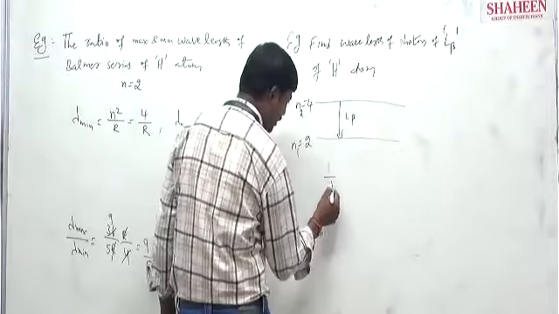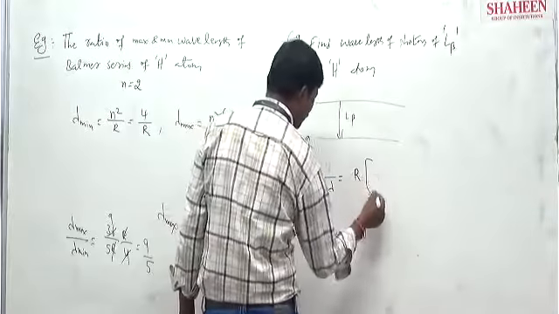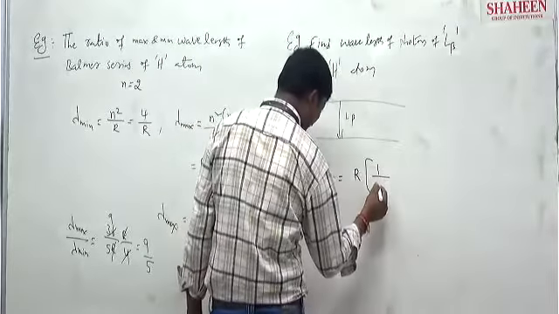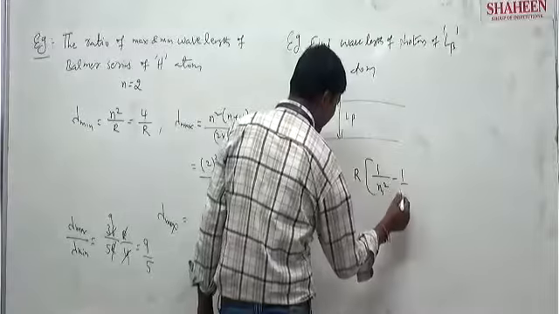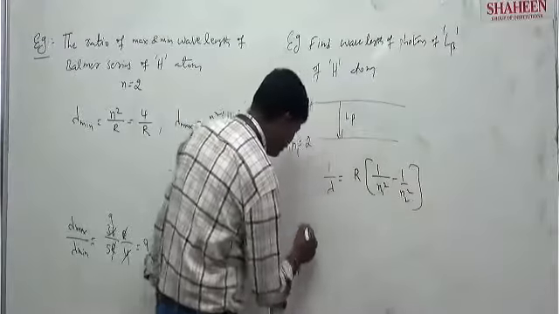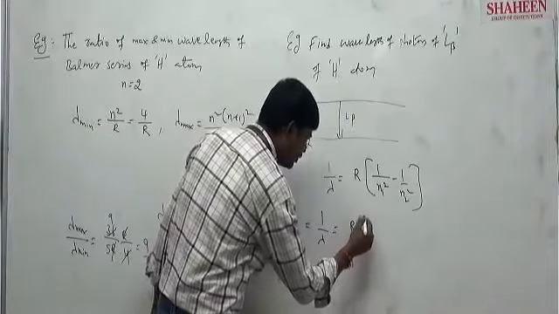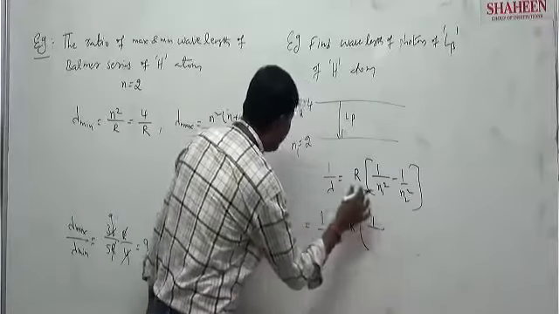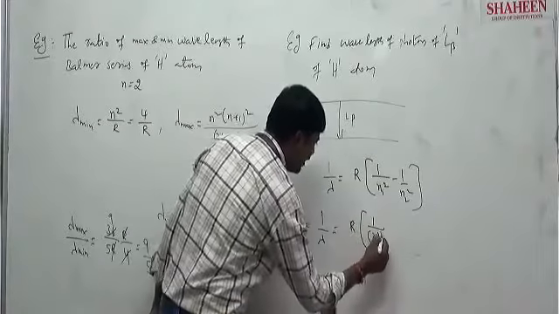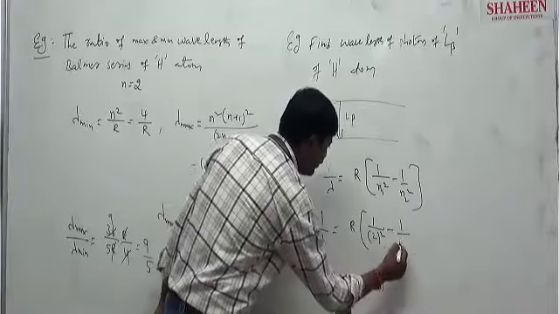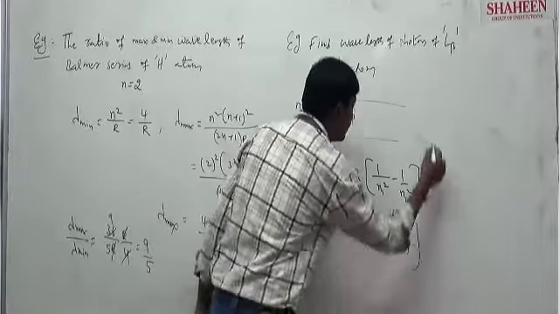Directly, 1 upon lambda is equal to R into 1 by n1 square minus 1 by n2 square. This is the formula, right? So 1 upon lambda is equal to R, the value we will substitute later, into 1 by n1 square. n1 is 2, so 2 square, minus 1 by n2 square, n2 will be 4, 4 square. Clear?